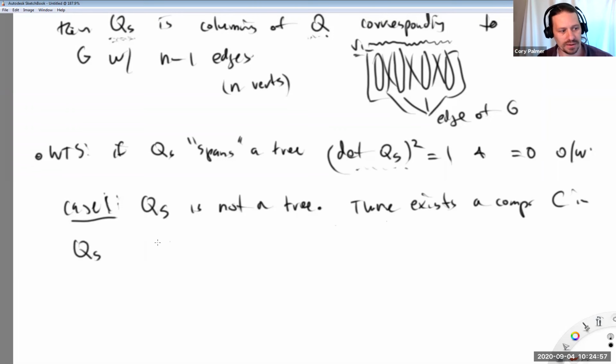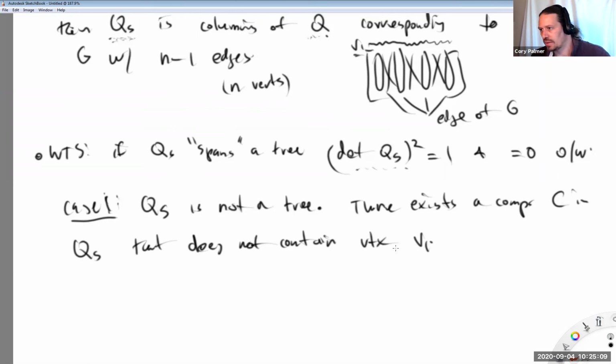There's a component in Q of S that does not contain vertex V1. That's what it means to not be a tree. Actually, okay, so we have a component.